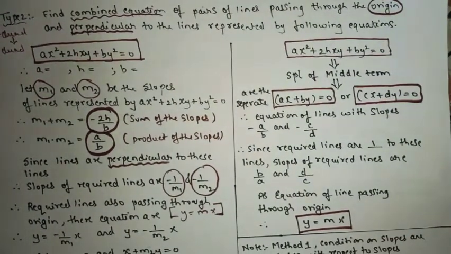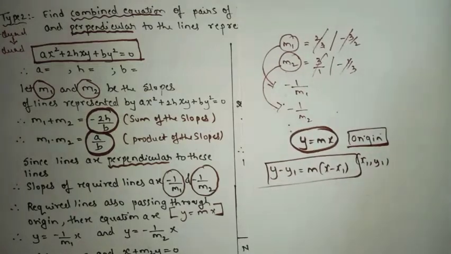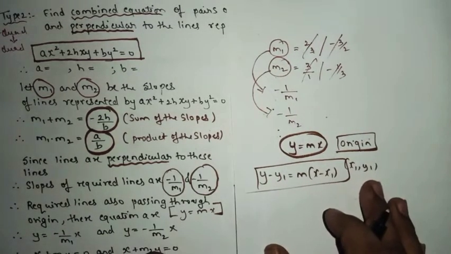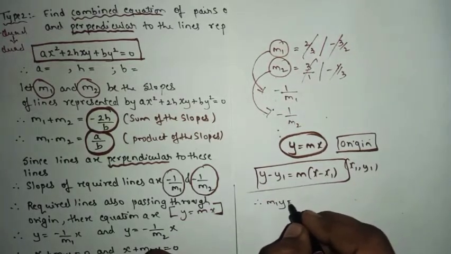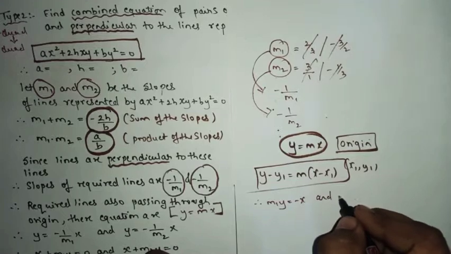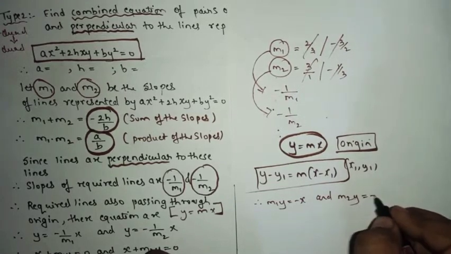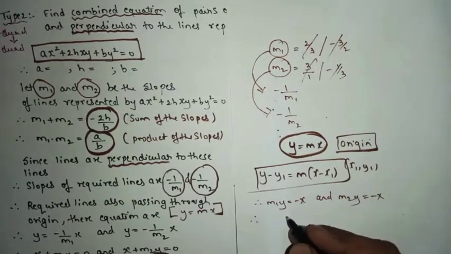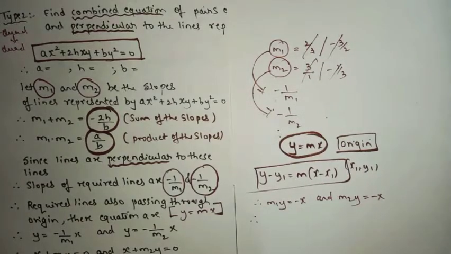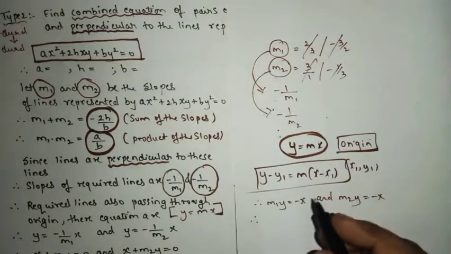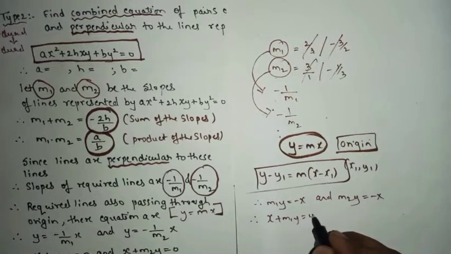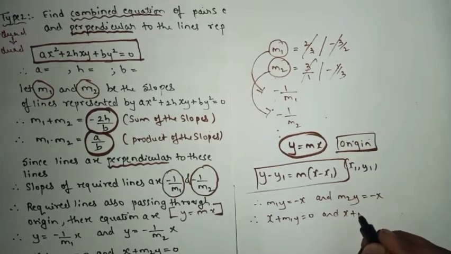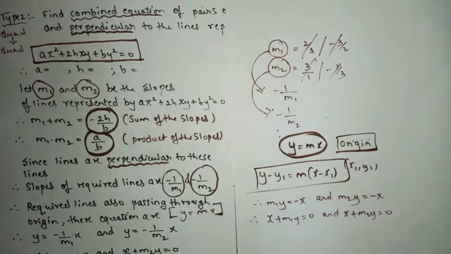After that, shift m1 to the left hand side, so we get m1y equal to minus x and m2y equal to minus x. Arrange the equations so that the sign of x is positive: x plus m1y equal to 0, and x plus m2y equal to 0.